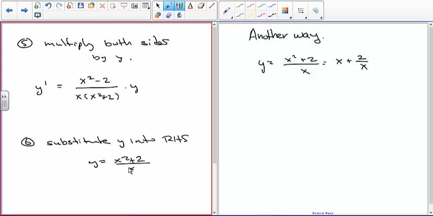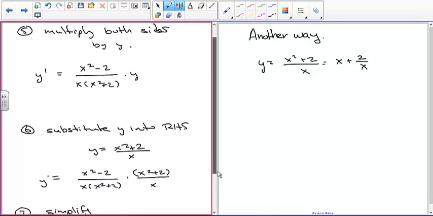So that was my original expression. So then I plug that in here. So I get y prime is equal to x squared minus 2 over x times x squared plus 2 times x squared plus 2 divided by x.